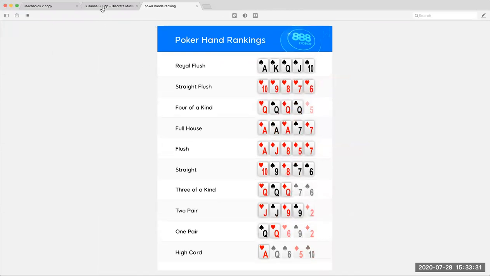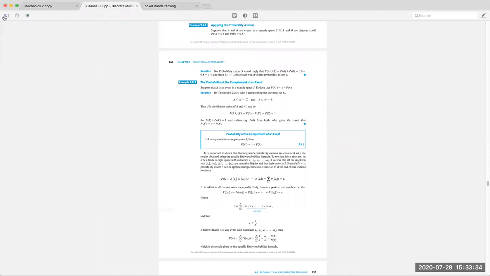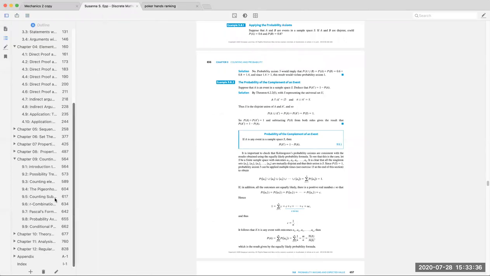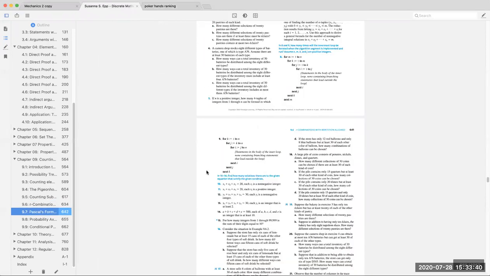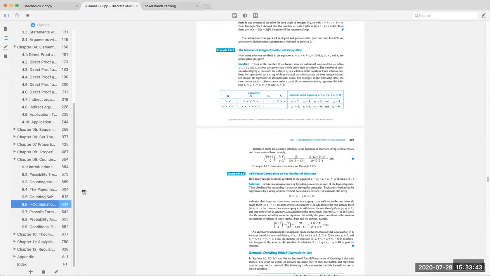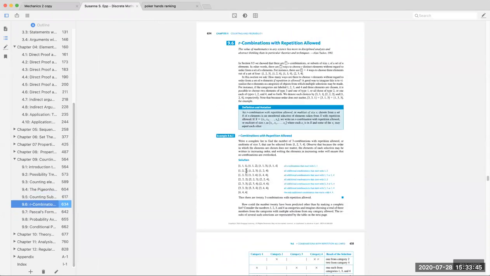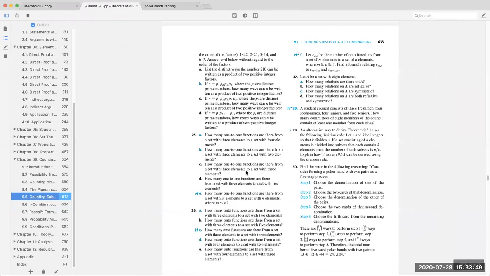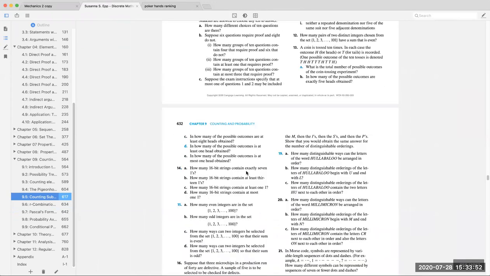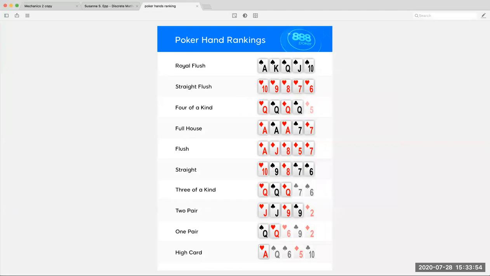Today's homework: you can do the textbook, chapter 9.5 exercise. You just choose those difficult questions. Also, find the number of choices for the different kinds of poker hands. You can refer to Wikipedia, they give you the definitions.